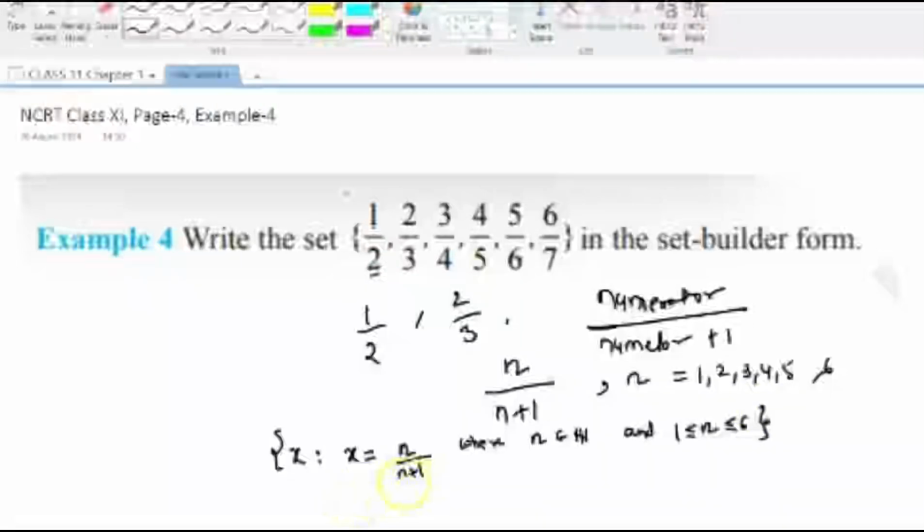So if you write it like this, you have all the properties. x is written in the form n by n plus 1, n is a natural number and the value of n is 1, 2, 3, 4, 5 and 6.